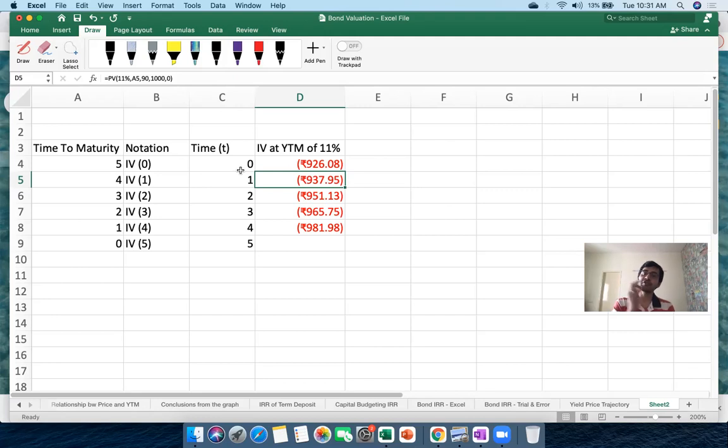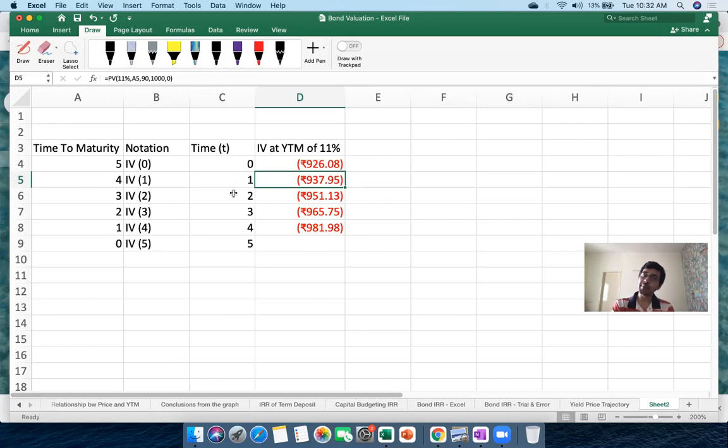I did not take the first year's coupon because I've already received it. The coupon for the first year has already been paid by the company, so the future benefit after that includes only the coupon for the next 4 years and the redemption value at the end of maturity.